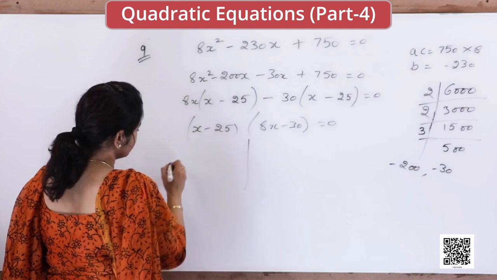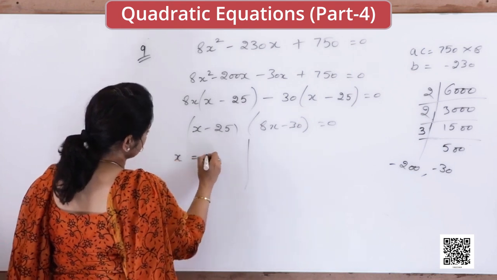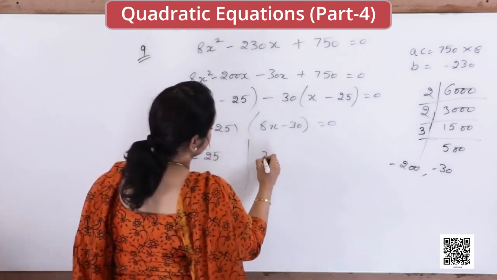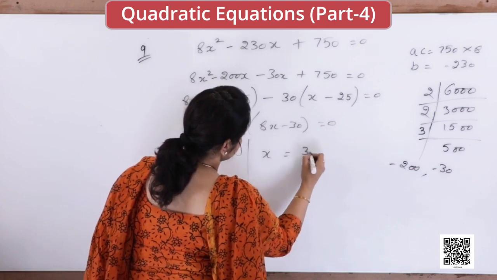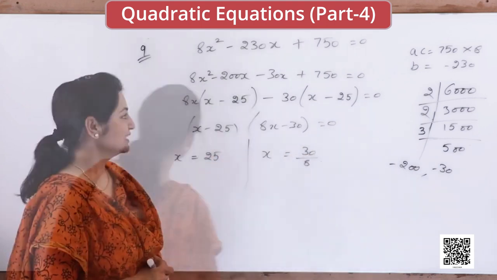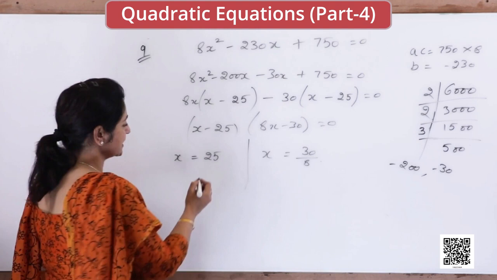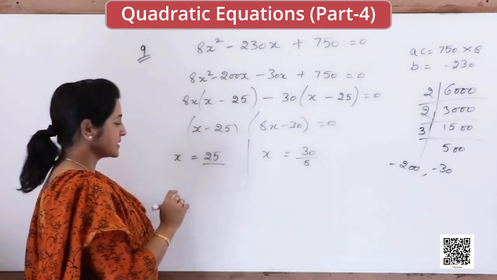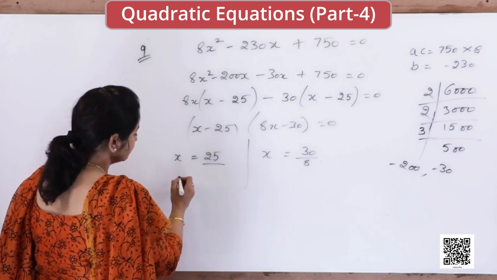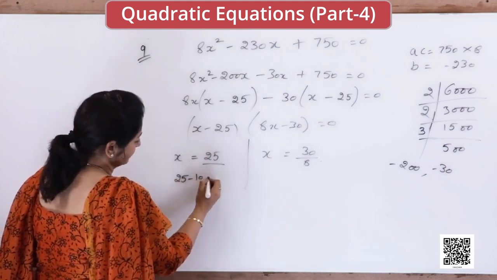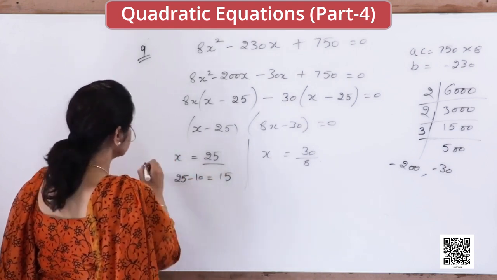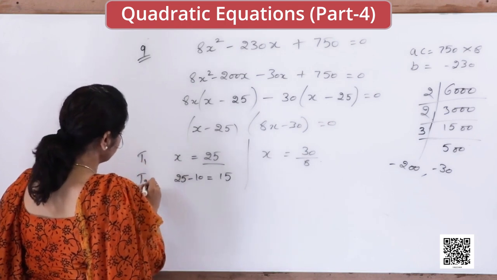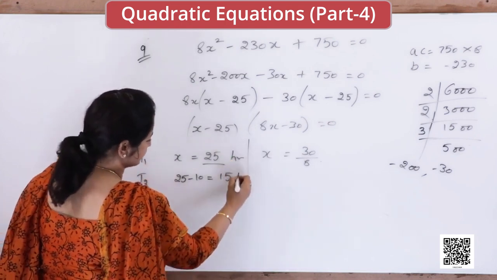Now if this bracket is equated to 0, we get X equals to 25, and here we get X equals to 30 upon 8. So if one tap is taking 25 hours, the other will be taking X minus 10, that is 25 minus 10, which is equals to 15. So tap 1 is taking 25 hours and tap 2 will be taking 15 hours.